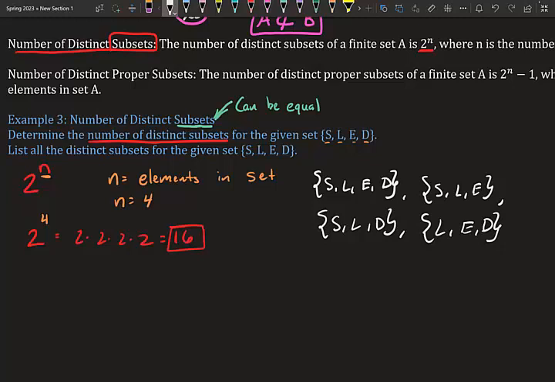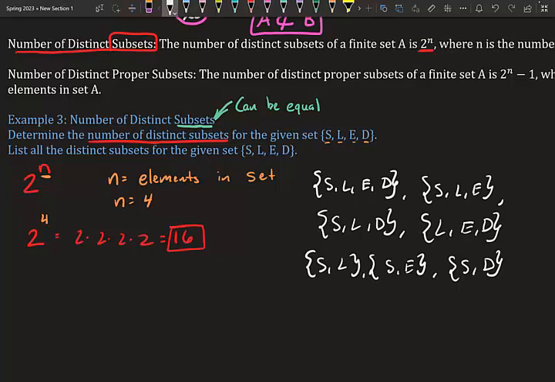Now let's talk about our doubles. So our first double is SL. Our next double is SE. And then if we did SL, SE, we have to do SD. All right, we did all of our S's.